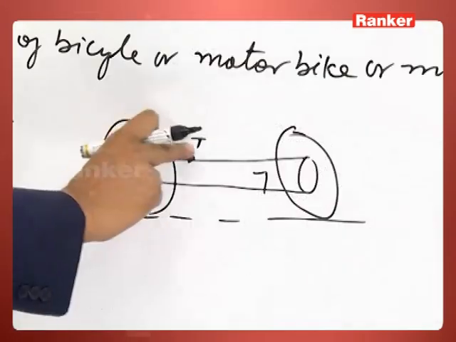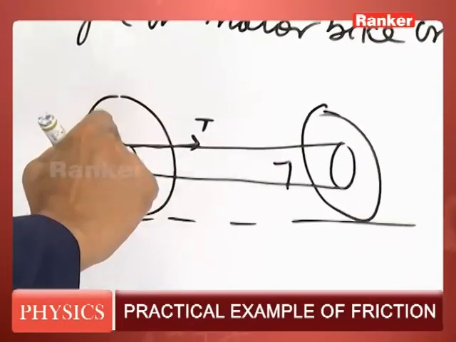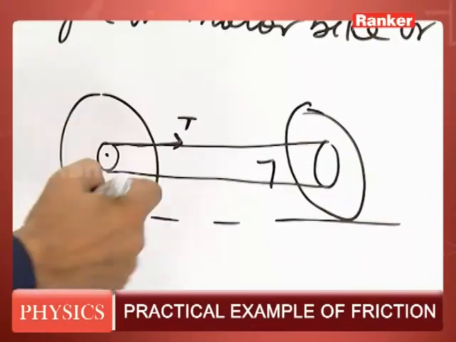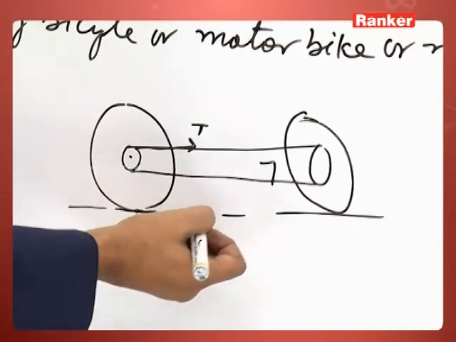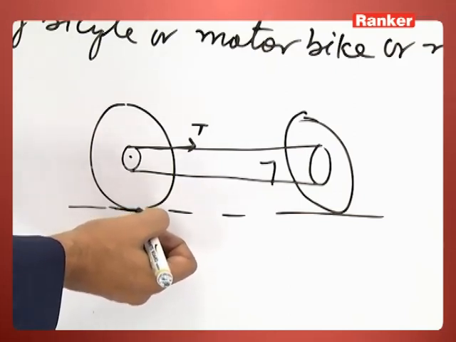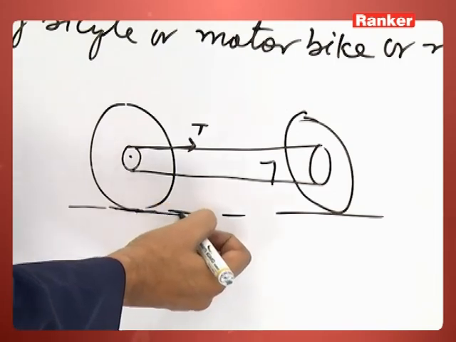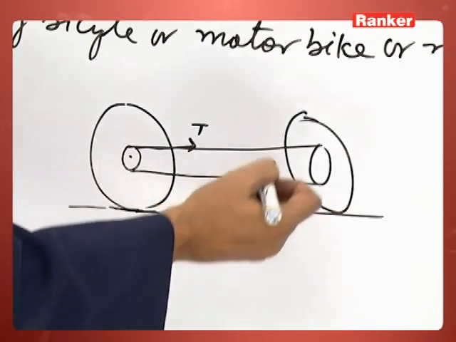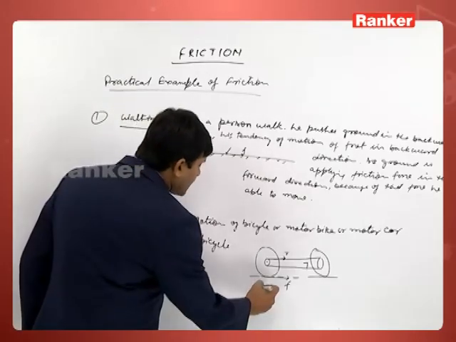Because of this tension, a torque is provided and the wheel rotates. When the wheel rotates, the point of contact has a tendency to go in the backward direction, so the friction force acts in the forward direction. This is for the rear wheel.